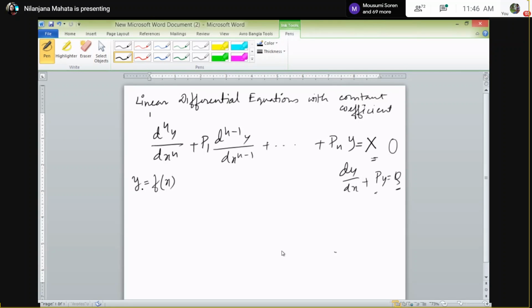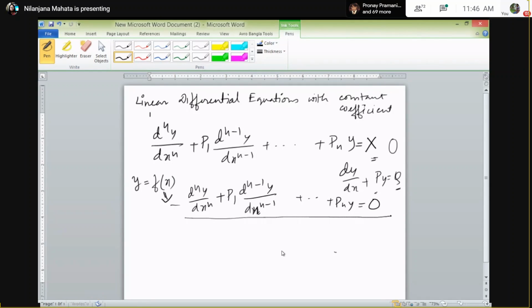So suppose y is equal to f(x) is a general solution of the homogeneous equation, that is, the equation where the right side is 0, and y is equal to phi(x) is any solution of the given equation with right side x.